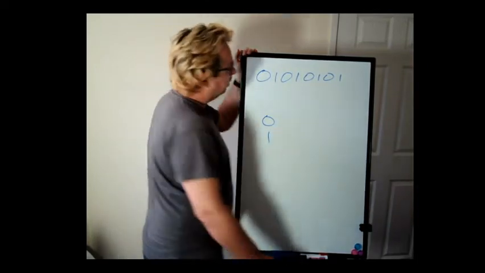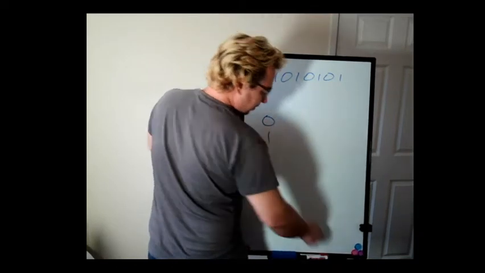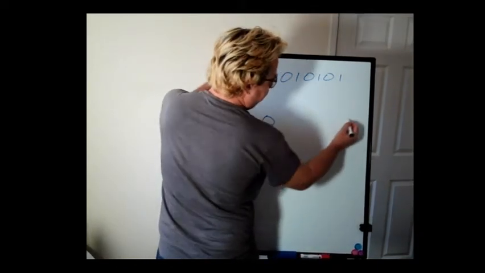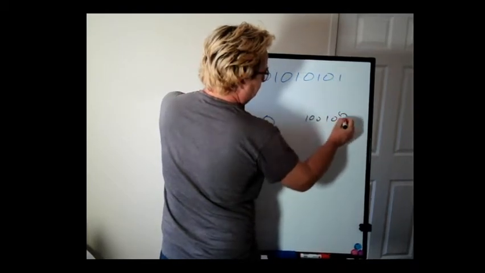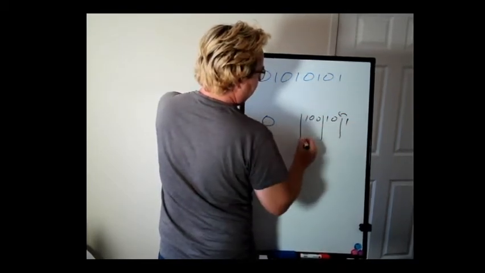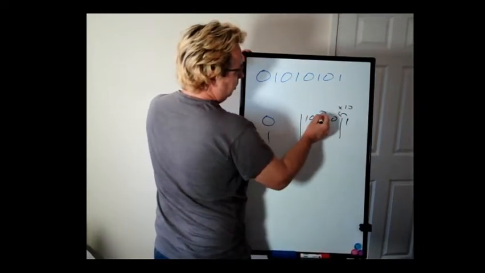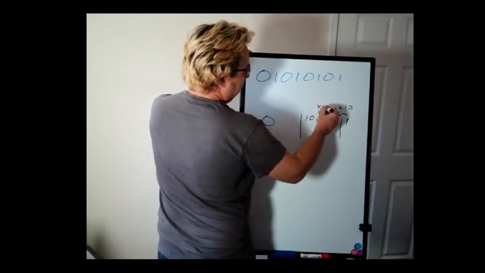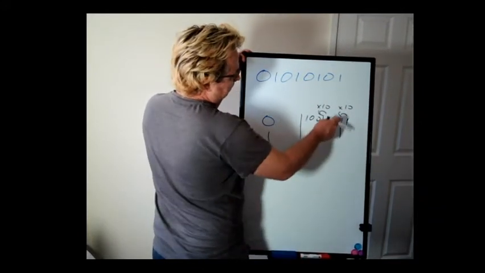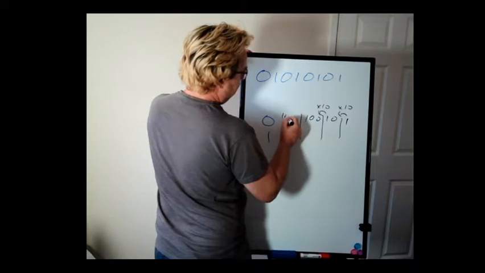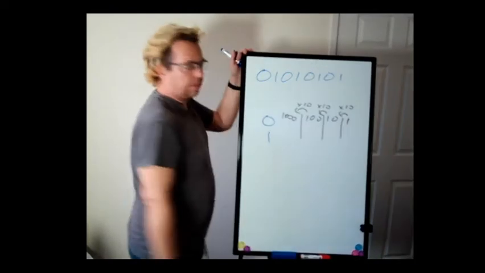Okay? Now, if we look at the denary numbers again, each time we move up a place, we're timesing by 10. So 1 times 10 is 10. 10 times 10 is 100. 10 times 100 is 1,000.